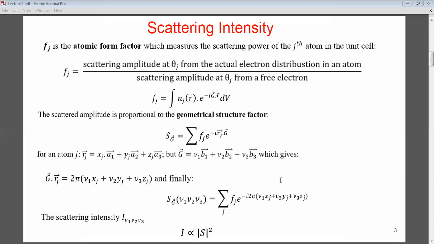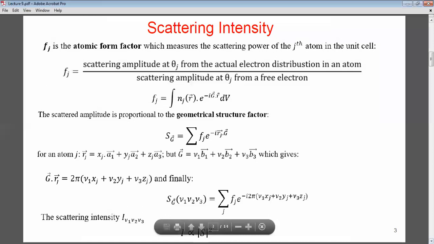So here we learn that every atom has an atomic form factor, and that if we are measuring the scattering intensity, this scattering intensity depends on the geometrical structure factor, whose equation is in this form.